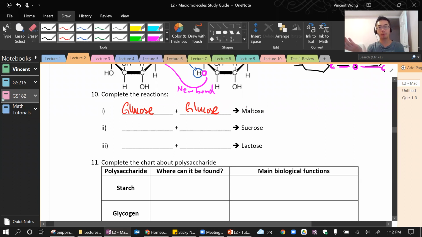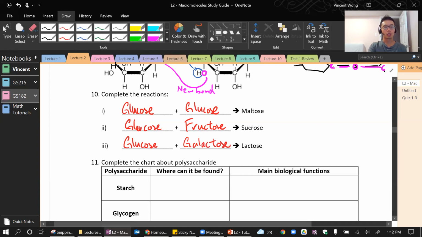If you look at the back of a candy bar or something, you will almost always find maltose. Glucose plus fructose, that's going to give you the sucrose. That's the kitchen sugar that I talked about. And for lactose, you would have to have glucose plus galactose.